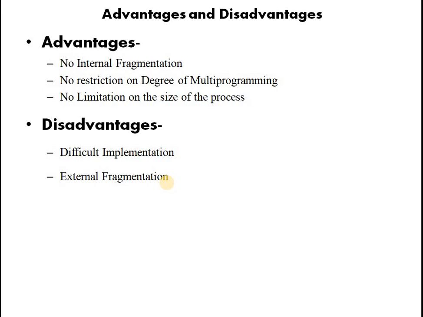So in this lecture we saw the basics of memory management, and there are two types of partitioning. Memory partitioning divides the memory into various sections of different sizes, which is called partitioning.